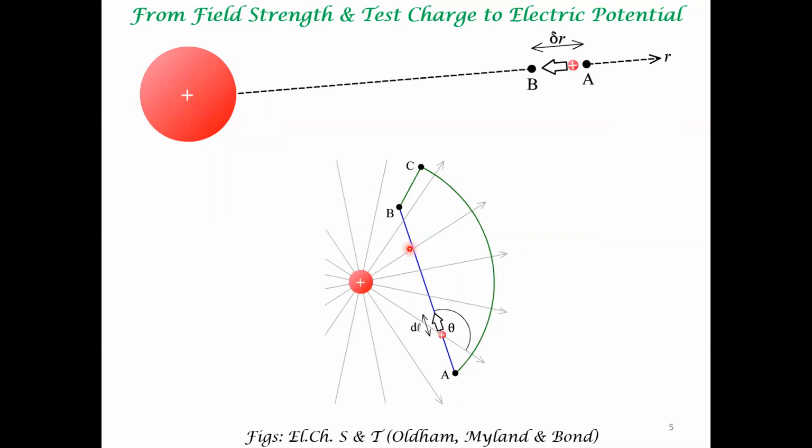Does it matter whether I go from point A to point B in this direction, or can I go in some other direction? Let's say you take a path from A to C to B. Is the electric potential difference between point A and point B a path-dependent quantity or a path-independent quantity? And what is the meaning of a conservative field?